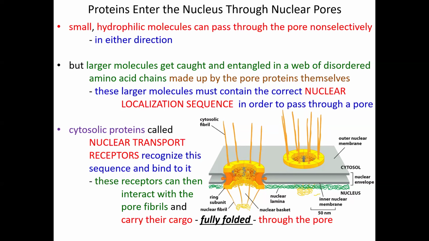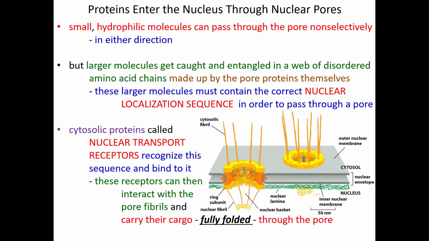The nuclear transport receptor can interact with these fibrils and start pulling them in. When you pull these fibrils in, you stretch out this basket. It no longer becomes a net. That's the open sesame of the nuclear pore complex. And now the nuclear transport receptor and the nuclear protein that it's escorting can diffuse through the nuclear pore complex.